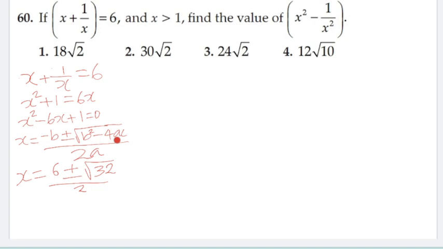So now x is equal to 6 plus or minus root 32, all over 2. We can write root 32 as root of 4 multiplied by 8, or else we can write it as root of 16 multiplied by 2. Then we can take 4 outside.